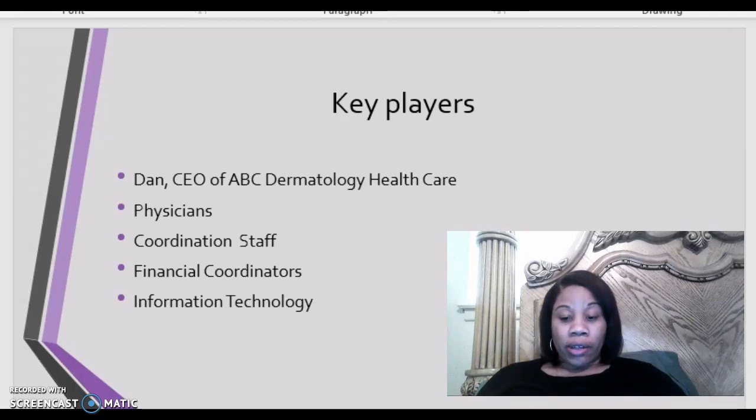Dan, the CEO of the organization, has the responsibility to collectively, with the rest of the key players, choose a software application that will benefit everyone's needs in the organization. Dan also is responsible for the entire process from creation to implementation to follow-up of the user information technology.